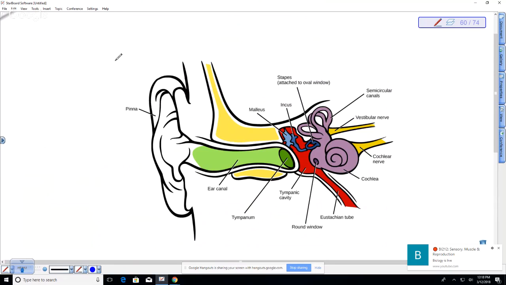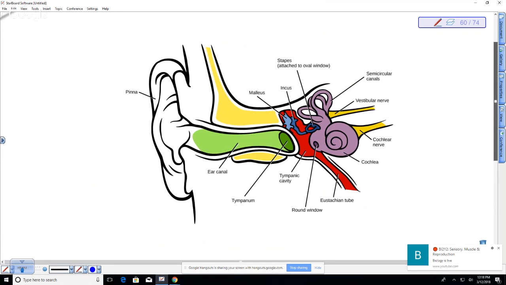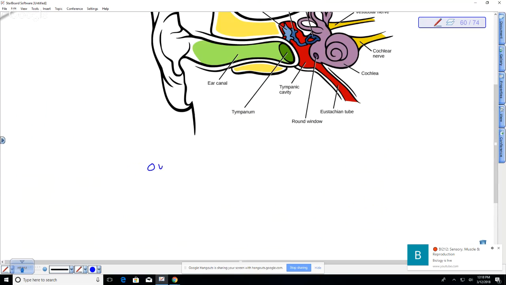And so I wanted to talk about the oval window as well as the round window. So the oval window is where sound waves enter the cochlea.